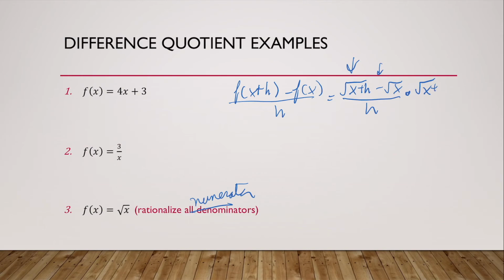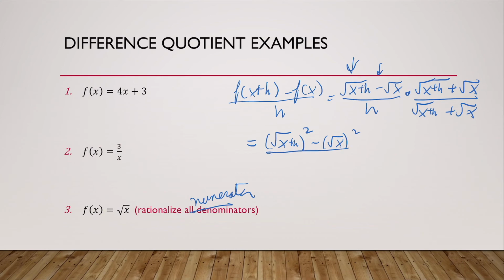So I have the square root of x plus h plus the square root of x on the top and the bottom. That would give me the square root of x plus h squared minus the square root of x squared over h times the square root of x plus h plus the square root of x.